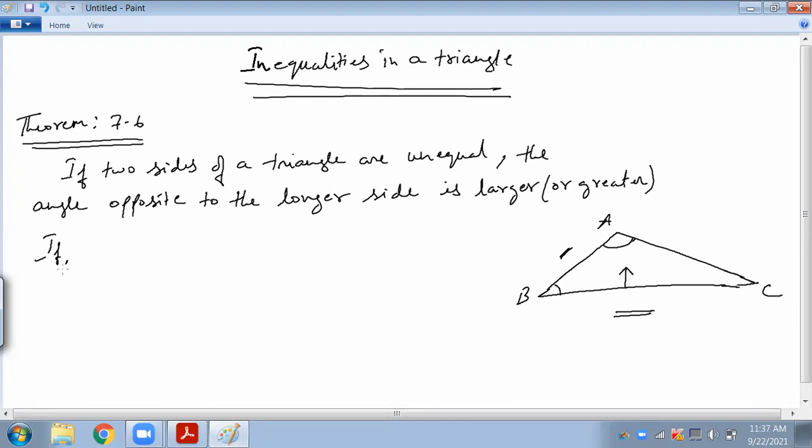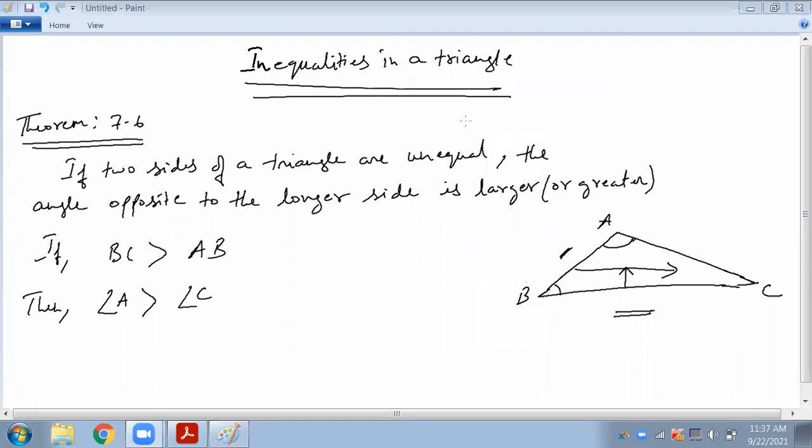If BC is greater than AB, then by this theorem, the angle opposite to the larger side will be larger. So opposite to BC is angle A, and opposite to AB is angle C, so angle A will be greater than angle C. So we can say that the angle opposite to the larger side is larger.